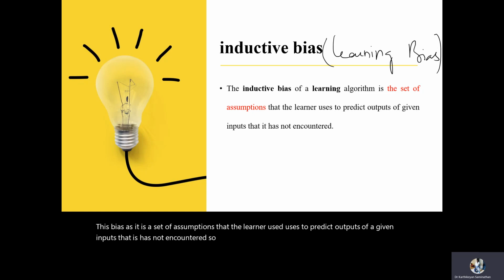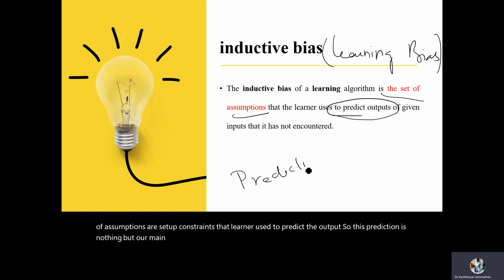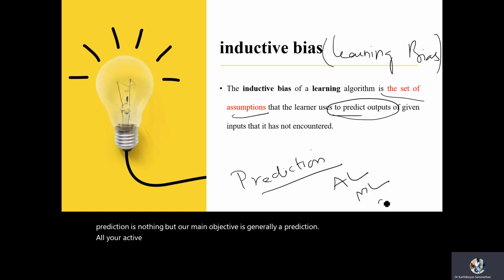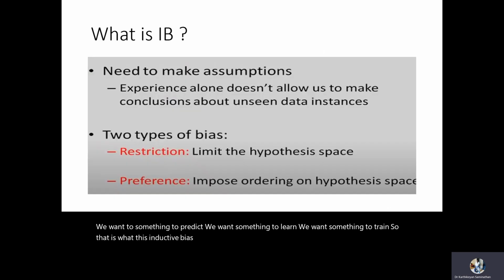So inductive bias is a set of assumptions or constraints that the learner uses to predict the output. Our main objective is generally prediction. Active learning, machine learning, concept learning, all of these are about prediction. We want something to predict, something to learn, something to train. That is what inductive bias is all about.